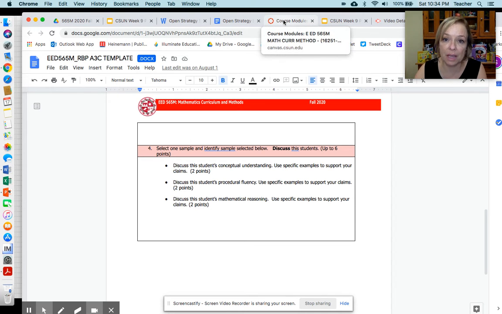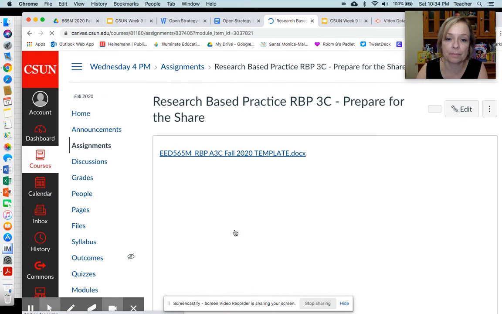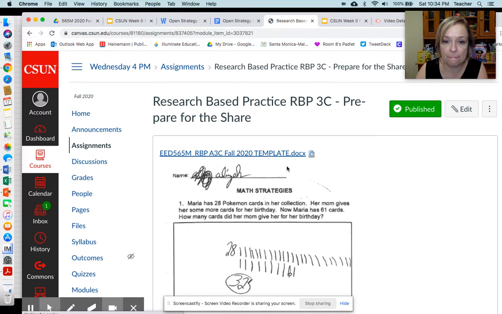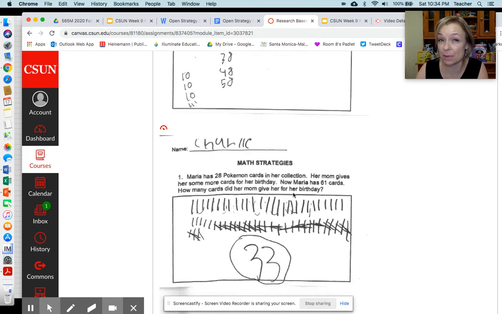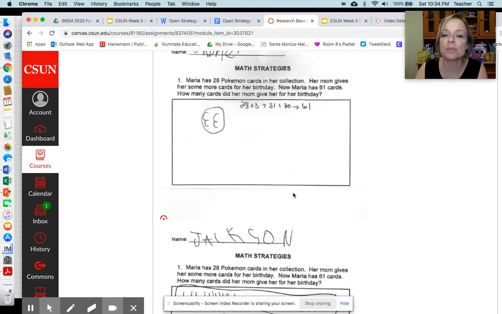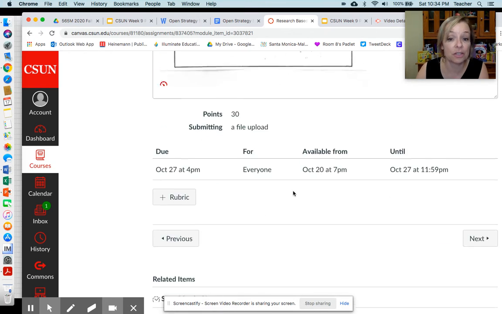So when you go into Canvas, you will see that in the research-based practice assignment, the template is there, and then we're going to be revisiting the Pokemon work. So we've already engaged with this in some capacity. So you're going to be selecting 3 pieces from this student work sample to share.